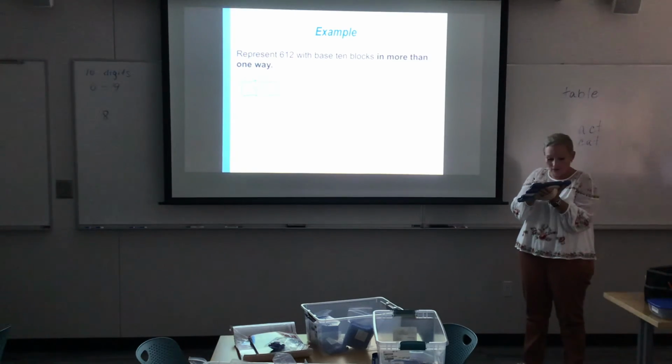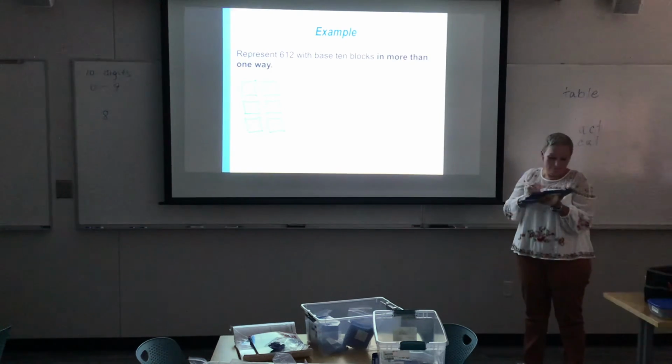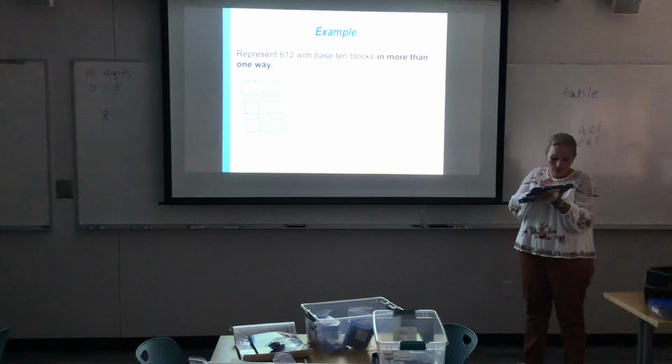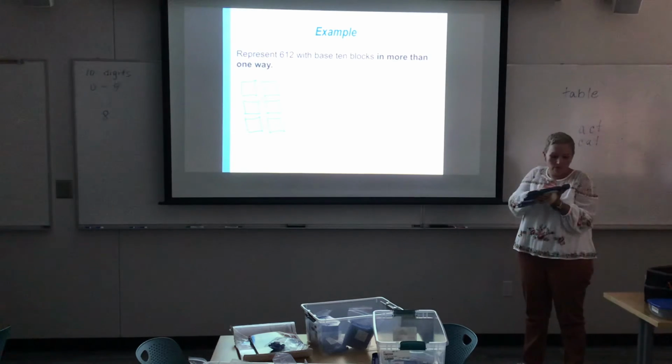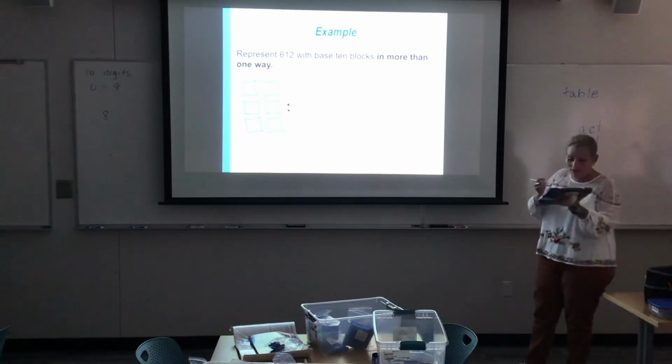So normally if you draw these out, that's really all we're going for here, 6 flats. Looks something like a square. Then, how many rods? 1 rod. Normally when we do rods, we just use a straight bar when we draw it. And then, how many ones? 2 ones? So there is 612.